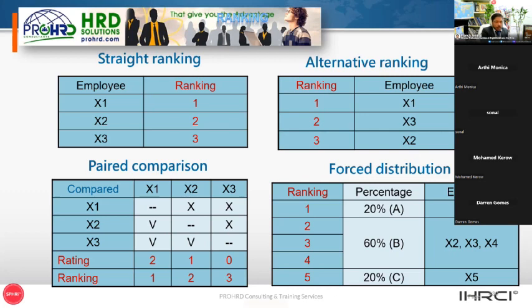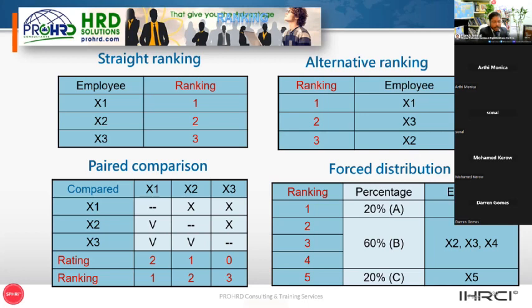The use of the forced distribution method is demonstrated by a manager who is told that he or she must rate subordinates according to the distribution which has been allocated: 10% low, 20% outstanding, above average, 10% high, and 60% of people meet expectation, and 20% below.